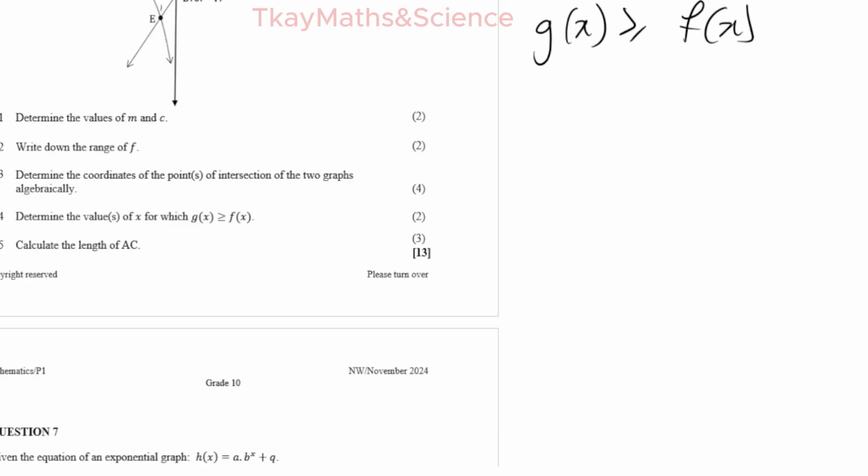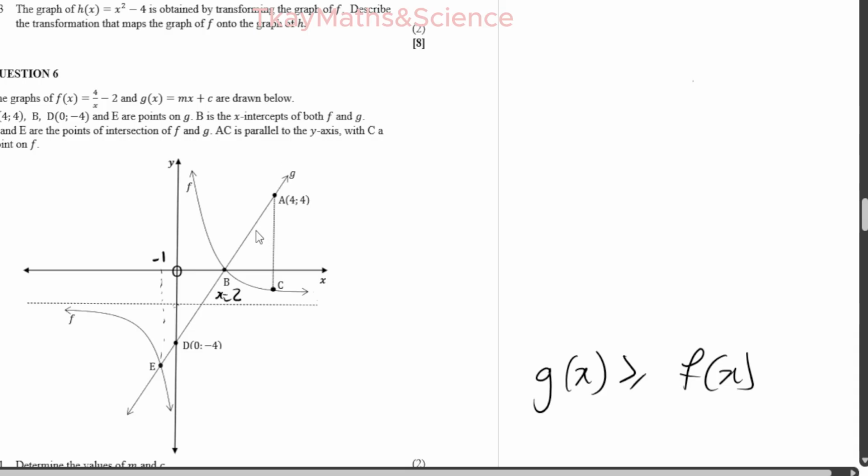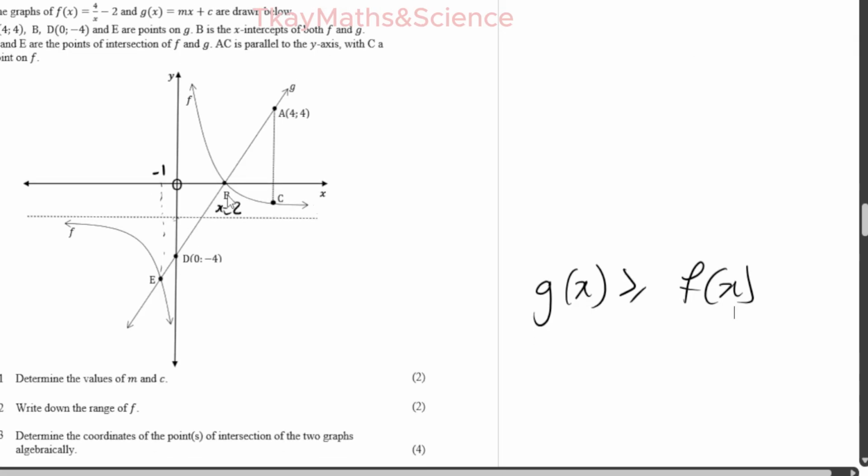So we're going to be checking the values of y for which this function, this line here, is greater than or equal to the values of y on this hyperbola here. Okay, so where is g of x? g of x is this line. So we are coming from this side to this side. Let's just check here. When you're checking here, the values of f of x are above the values of g of x in the negative here.